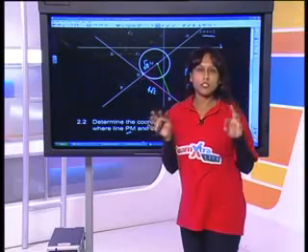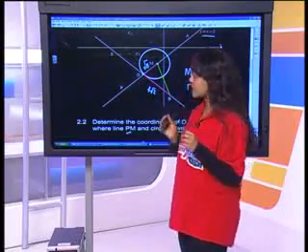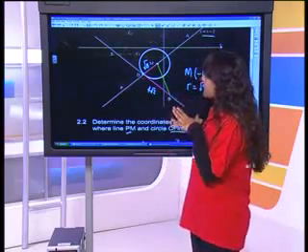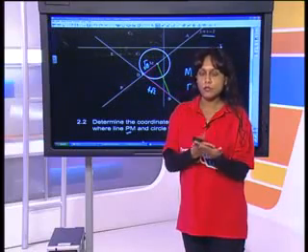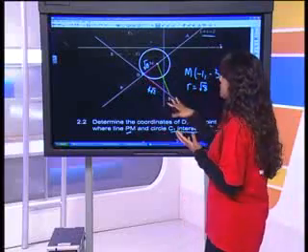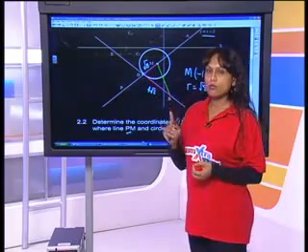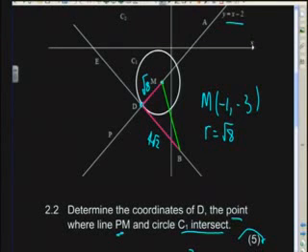So this is going to require just a little bit of geometry, which you should know by now: the radius is perpendicular to the tangent at the point of contact. Now remember, they told us that DB was a tangent of the circle. And we know that MD is the radius of the circle C1. So where MD meets DB, the angle formed is 90 degrees, because radius is perpendicular to tangent.